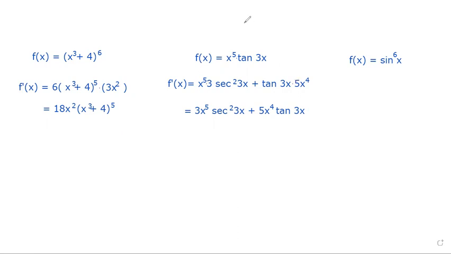Okay, now this last problem is one that we've looked over because it's a very easy mistake to make. We have sine x to the sixth power. Note how this is written. This is the same thing as sine x to the sixth.